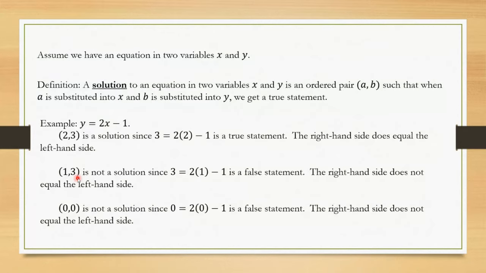So this is not a solution to this equation. I also checked the origin, (0, 0). It's also not a solution. Here we would substitute 0 in for x and 0 into y, but you would get 0 equals negative 1, which is a false statement. So the only solution we see here is (2, 3).